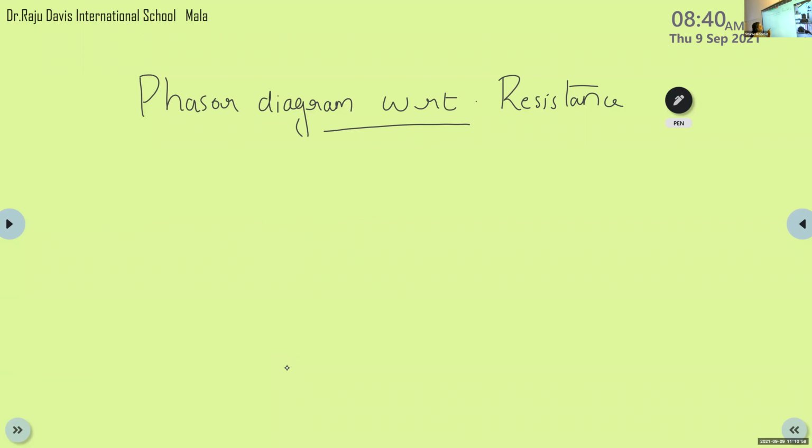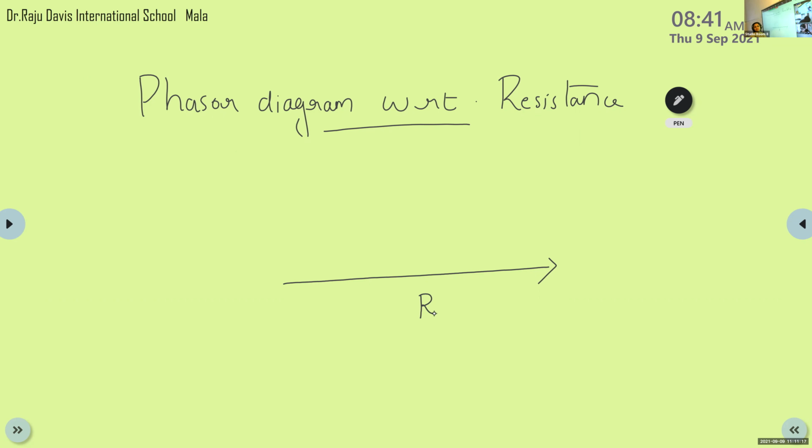So first of all, a horizontal line represents the phasor corresponding to the component resistor. Since the current remains constant, we are not considering the I value here.